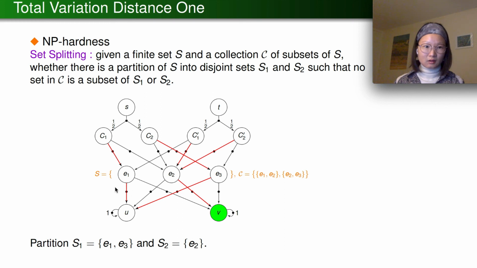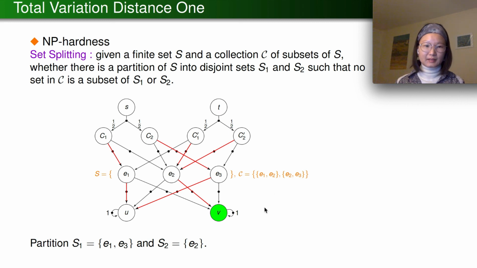Given an instance of set splitting, S has 3 elements, E1, E2, and E3, and the collection C has 2 subsets of S. C1 contains E1 and E2, and subset C2 contains E2 and E3. Then we transform this set splitting instance to an MDP.